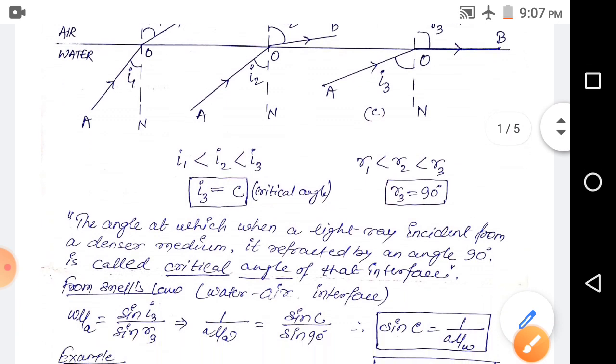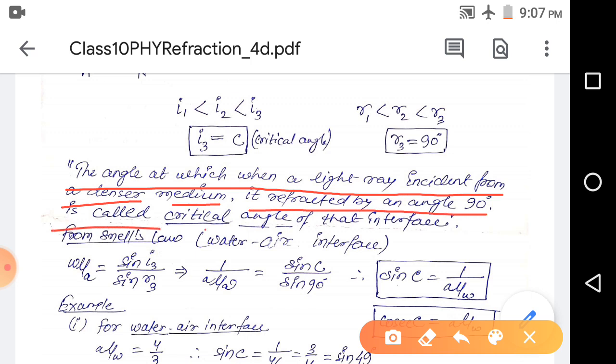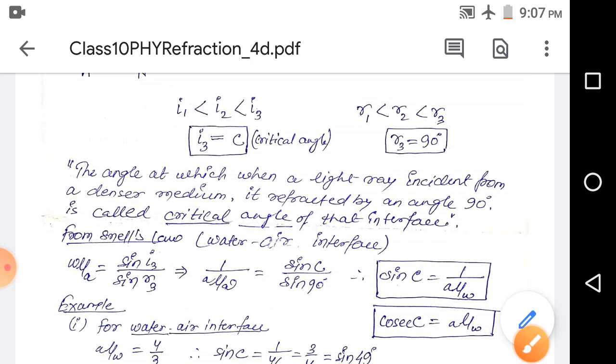So we can define the critical angle as the angle at which, when a light ray is incident from a denser medium, it is refracted by an angle 90 degrees, and this angle is called the critical angle of that interface.